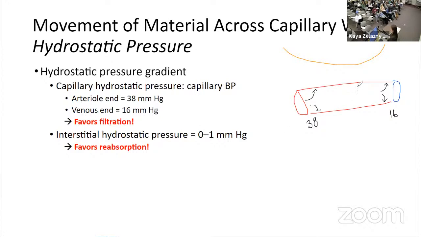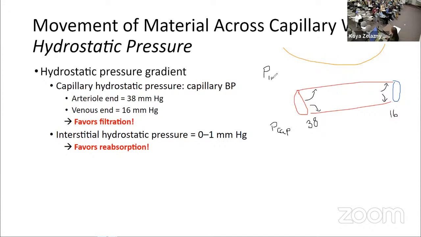Now, there is interstitial fluid. Not a lot of it. It's not high pressure, but it does exist. So we do have another hydrostatic pressure we can think about. So these were our pressure in the capillary. But we do also have pressure in this space between the tissue and the capillary.